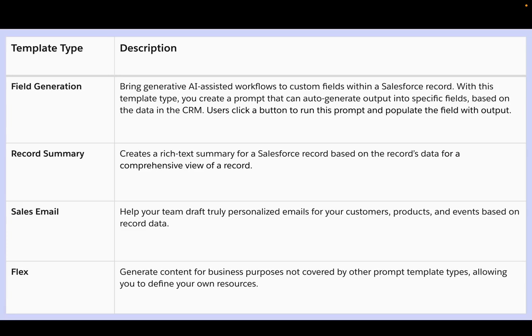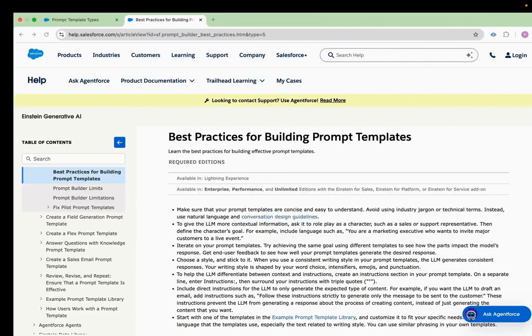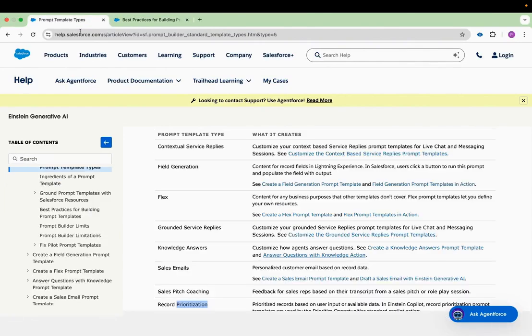We can use it when we want to generate content for some non-standard task or process that isn't covered by other template types.